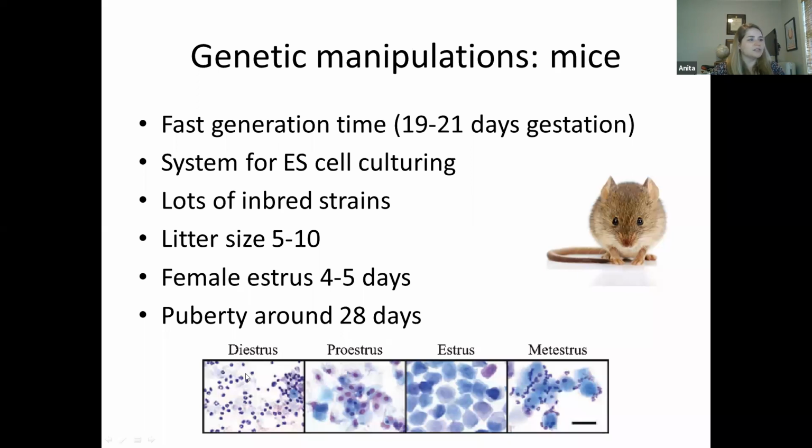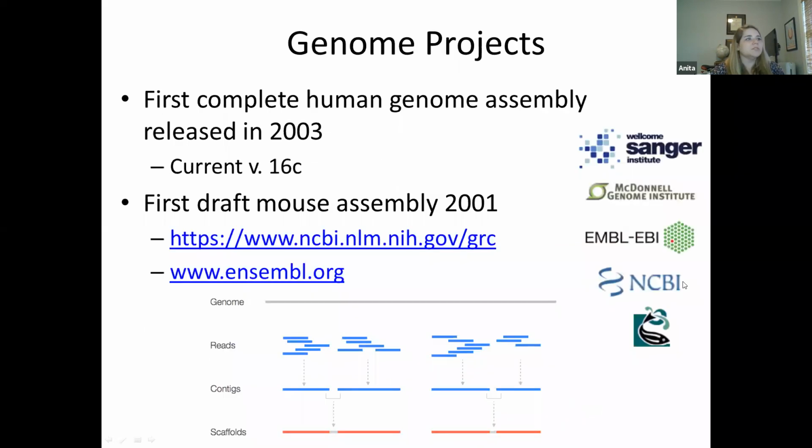And you can see diestrus, proestrus, estrus. So a female is receptive between proestrus and estrus, and metestrus and diestrus, they're non-receptive. And then puberty is pretty early, around 28 days in mice.